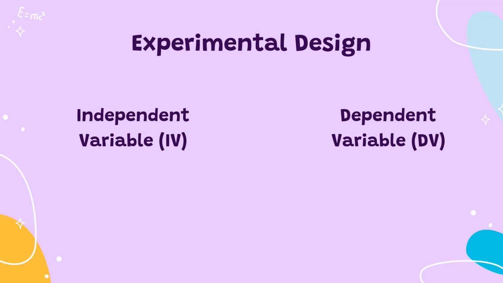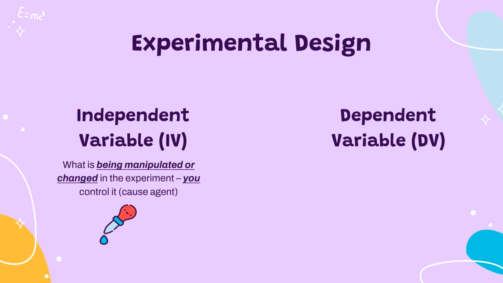Like I said, the independent variable and dependent variable. A really easy trap to fall into is to say the dependent variable is dependent on the independent variable. And it is sort of, but there's a bigger difference there that you really need to know.